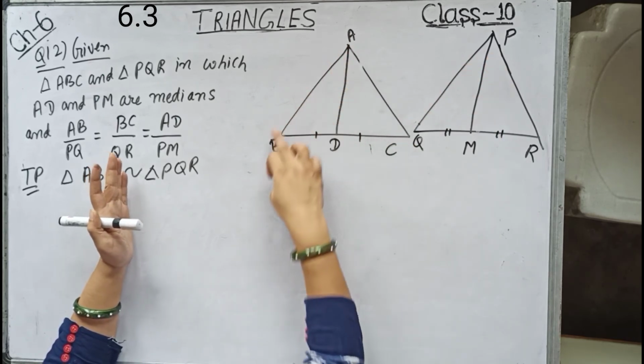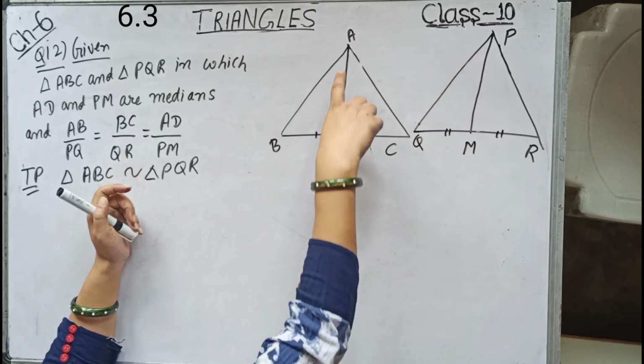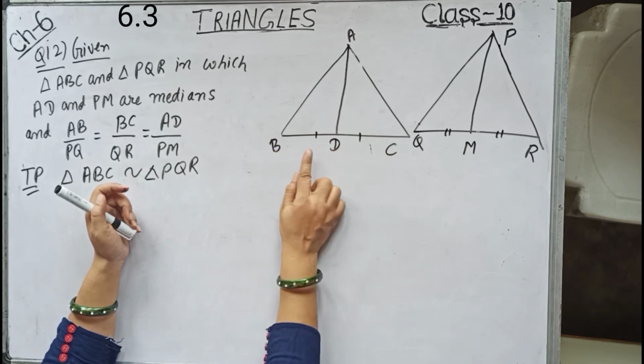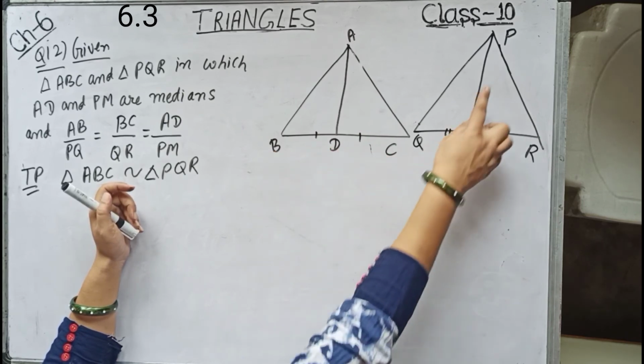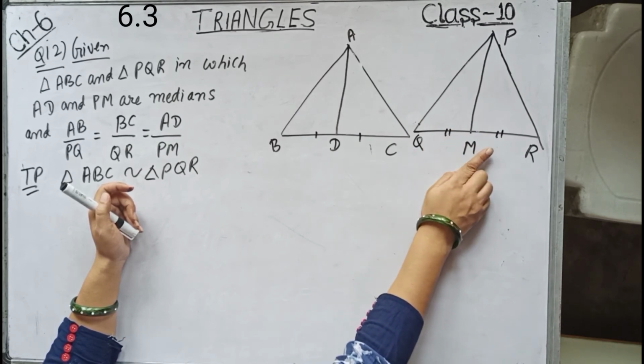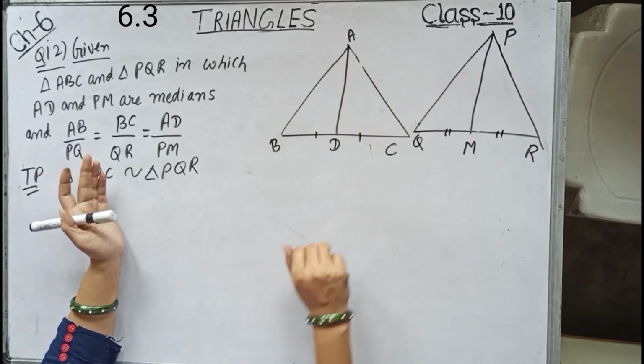We have to prove that triangle ABC is similar to triangle PQR. Now, since AD is the median, we can write BD equals DC. I have given the symbol over here. Also PM is the median, so QM equals MR. Now we have to prove that this bigger triangle is similar to this bigger triangle.